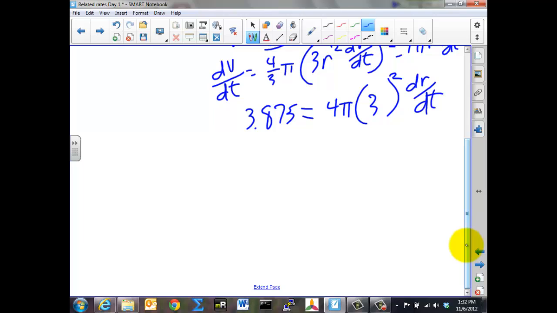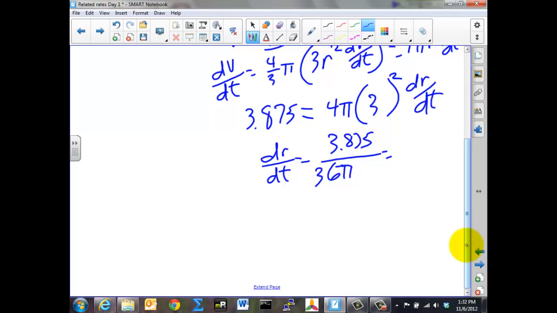I'm just going to write it down. dr over dt is 3.875 over 36 pi. You're smart enough to figure out what that answer is. I don't know what it is. Is that simple enough?